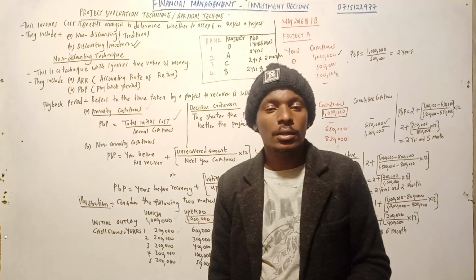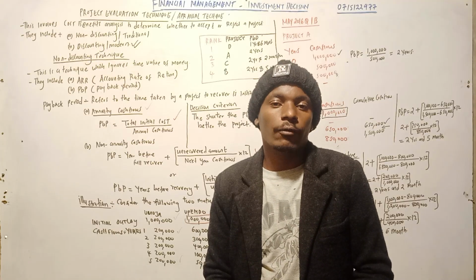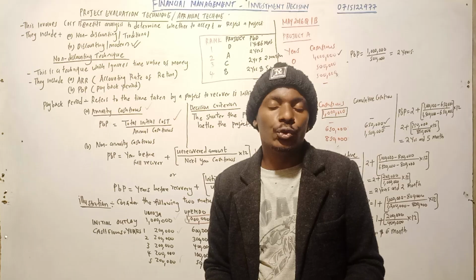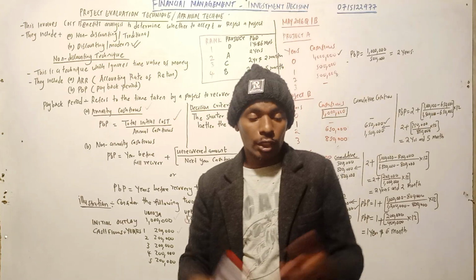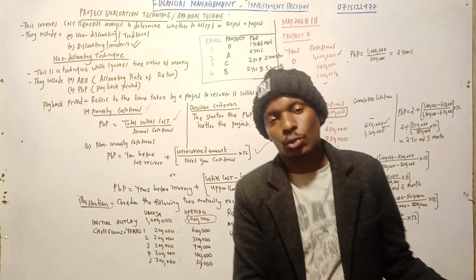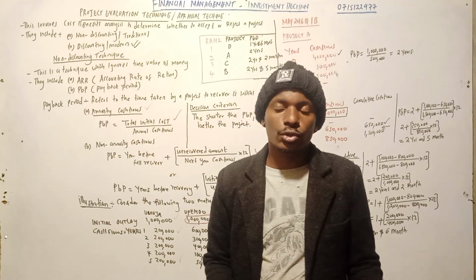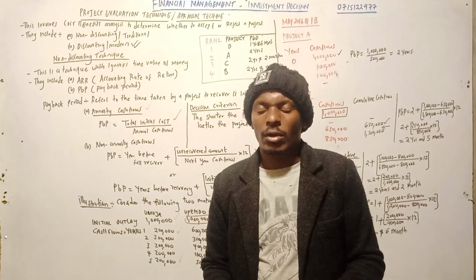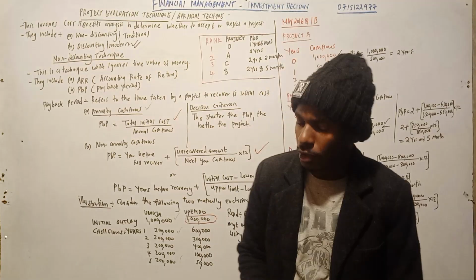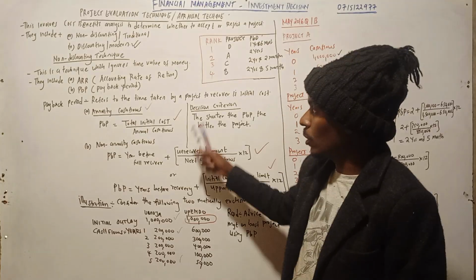Then once we do that, we shall find another class for the replacement analysis, and that one is under options. So in capital budgeting, we have the replacement, the options, the abandonment, and so on. Those we shall do later. But for now, let us concentrate on this one.